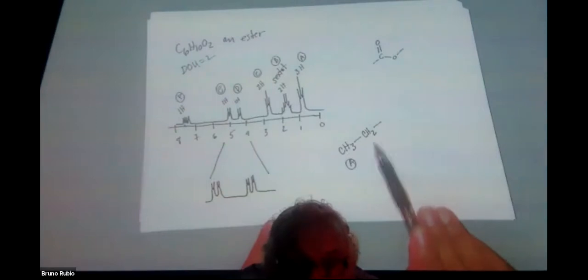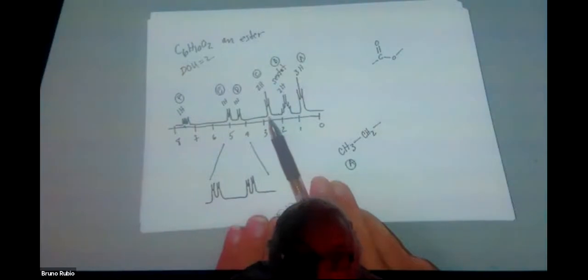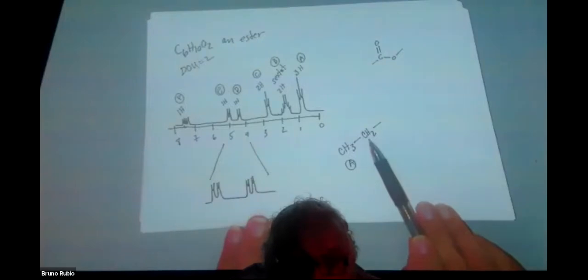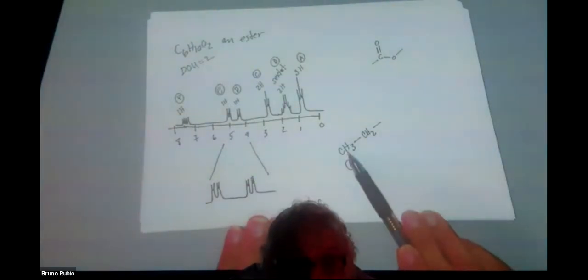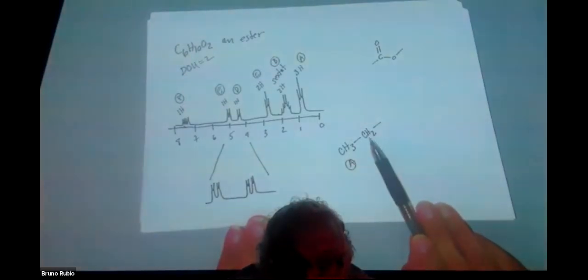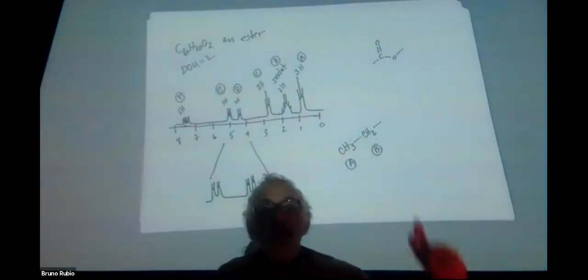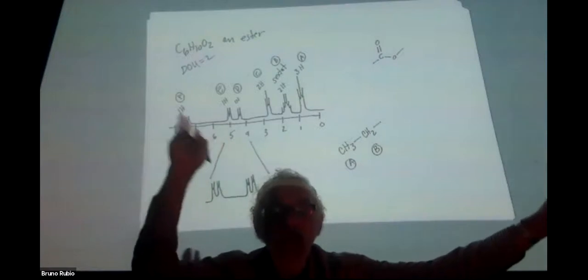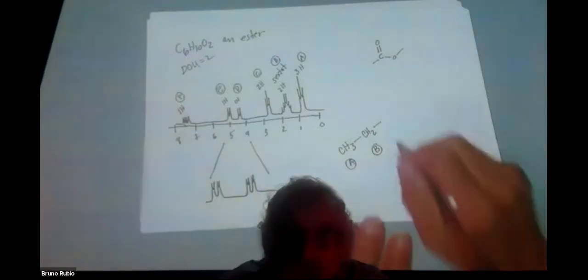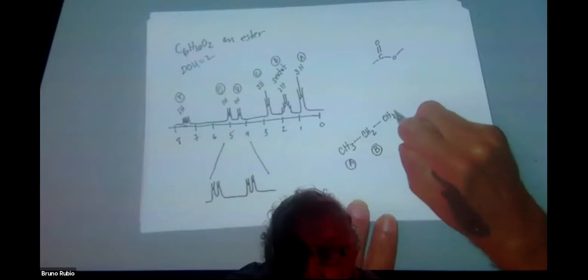But this CH2 cannot arise from the signal near 3 ppm, because this CH2 would be split into a quartet, at least a quartet. So this CH2 here cannot be C. It has to be B. This has to be B, and it's a sextet because it's split by 3 on one side and 2 on the other side for a total of 5.